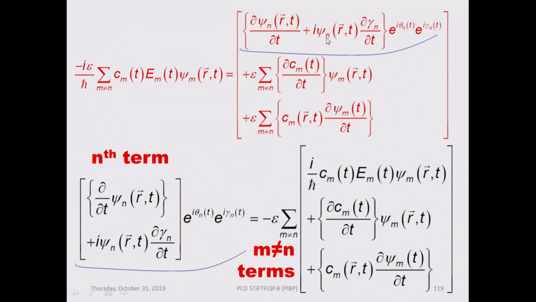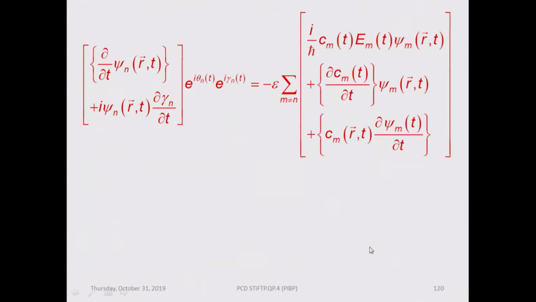So, you just write it for this term, bring it over here, and all the other terms on the opposite side of the equality sign. So, you have got a minus sign here, and then these two also go with a minus sign. So, you get minus i epsilon common, then you have a sum over m not equal to n, and then all of these terms. Got it? Okay. So, that is what we have here.